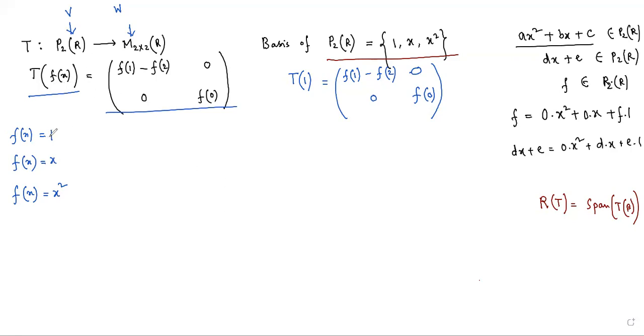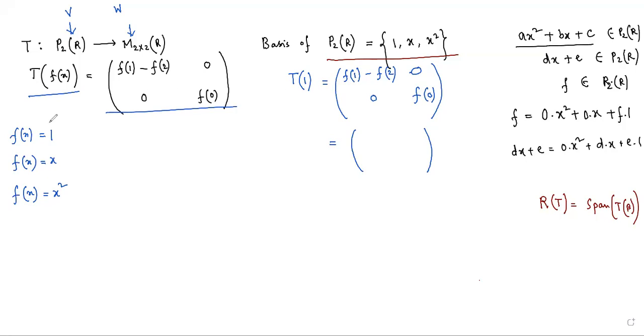Now our polynomial is itself 1. We want to find the image of 1 under this function. What is the image of 1 under this function? What is the image of 2 under this function? What is the image of 0 under this function? What am I going to substitute here?